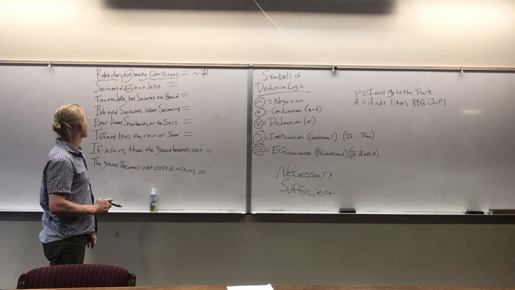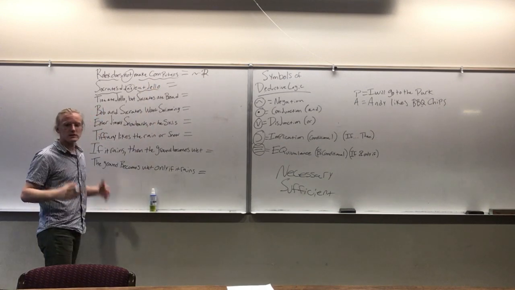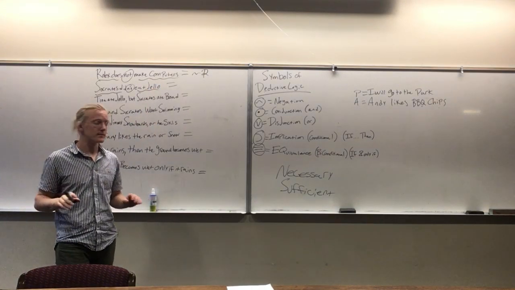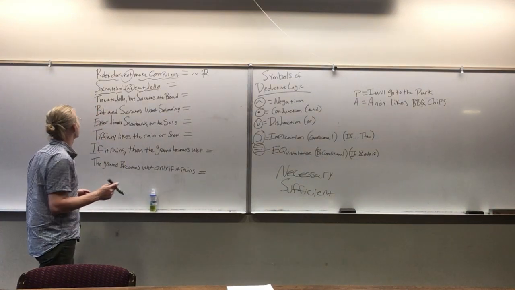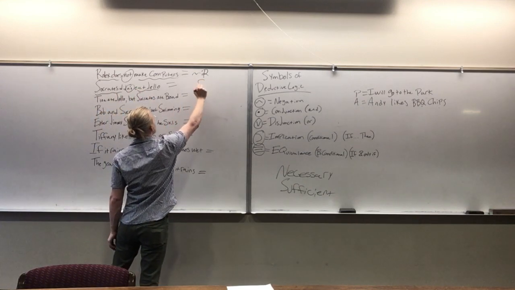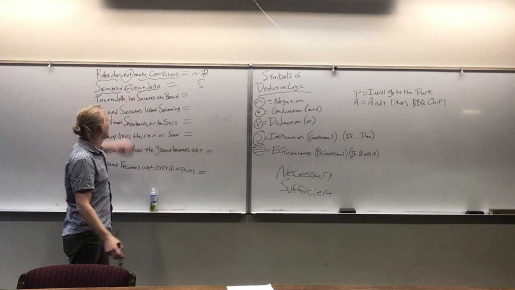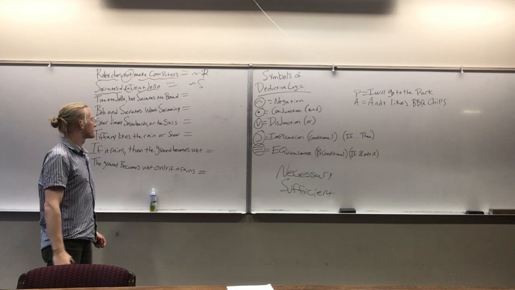So my atomic statement is Socrates did eat Jell-O, because any atomic statement is not going to have any logical operators. That's really important. We're separating all of the logical operators away from our atomic statements. So Socrates ate Jell-O we're going to symbolize as S, and then our didn't, we're going to give it a tilde.